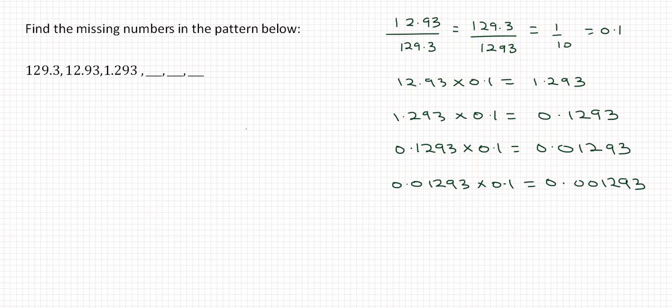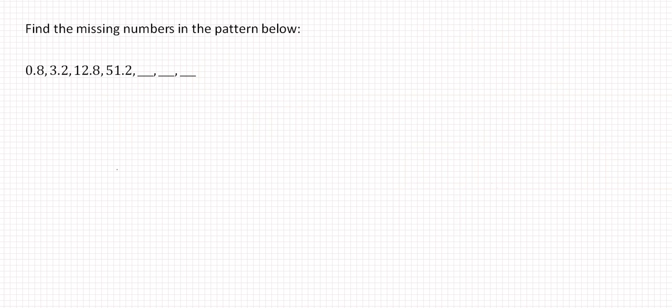So let's see, we have 0.1293. Here we have 0.01293. And here we have 0.001293.